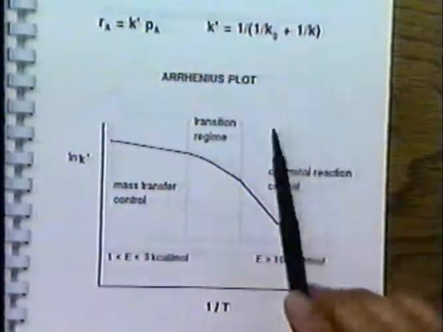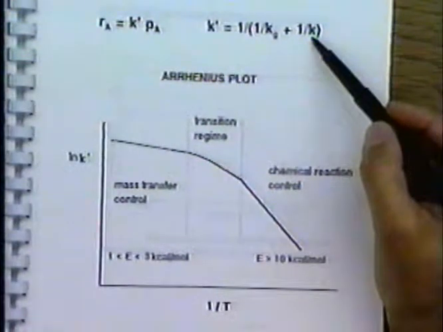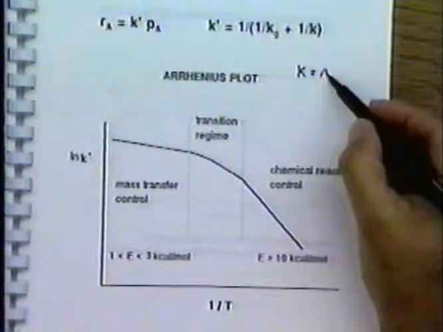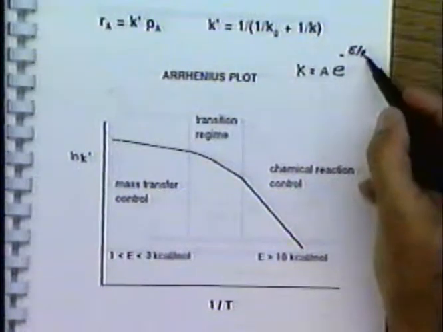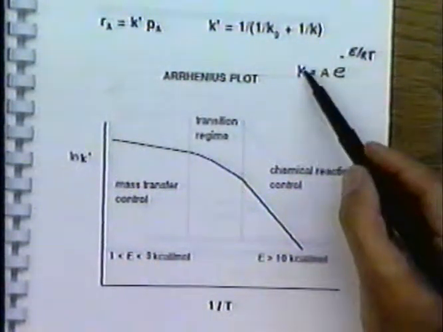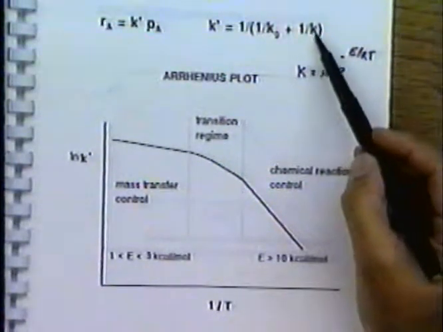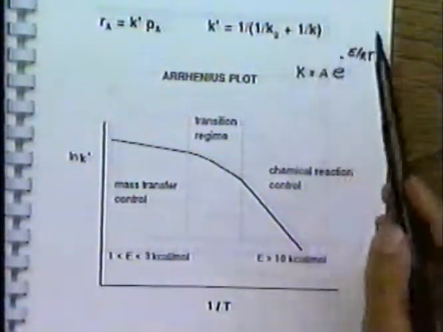If the temperature is high, this K will be large. This will be an Arrhenius type expression, and this K will be equal to a pre-exponential times e to the minus E over RT. As T increases, this K will increase. If this K is large, 1 over K will be small.